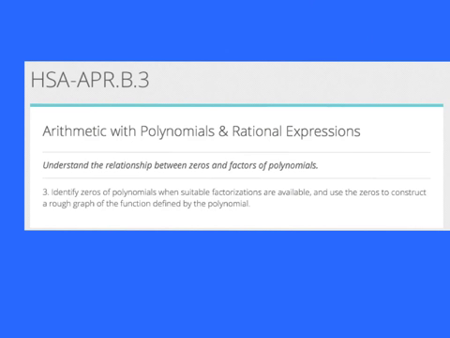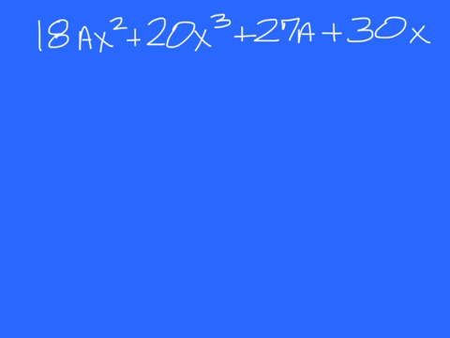Today's objective. We're going to factor by grouping. So here's example 1. To factor by grouping, I have to pick 2 terms out of these 4 that have something in common. Can you pick 2 terms that have something in common? 18ax squared and 20x to the third. Alright, we can start with that.